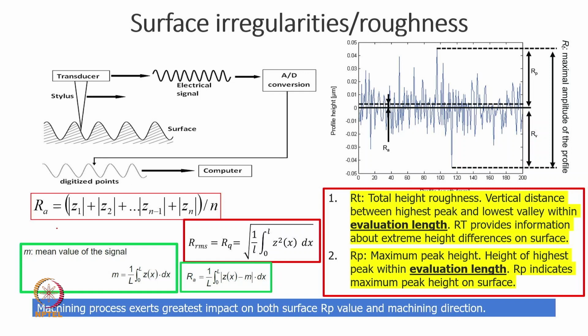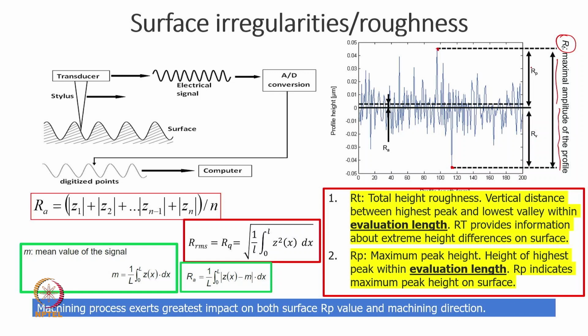Now here in this figure particularly we have shown Rt as the maximal amplitude, and I ideally believe that Rt is something like the highest peak and valley difference, the difference between the two values. This is the lowest point and the highest point. Rt indicates basically the maximum variation possible.